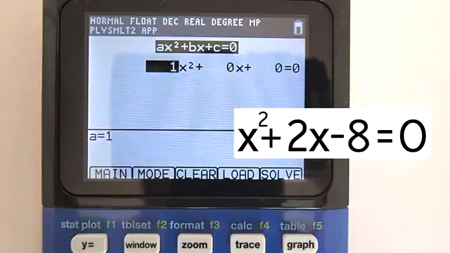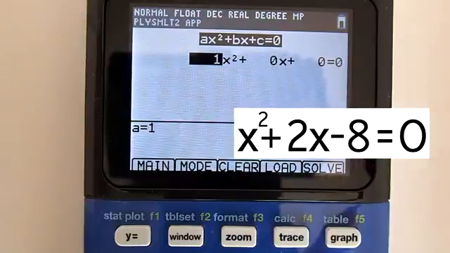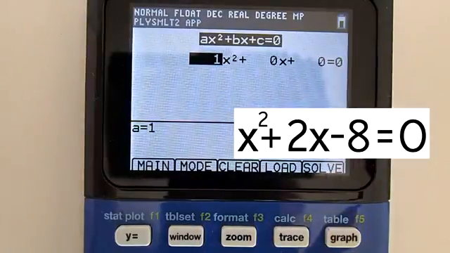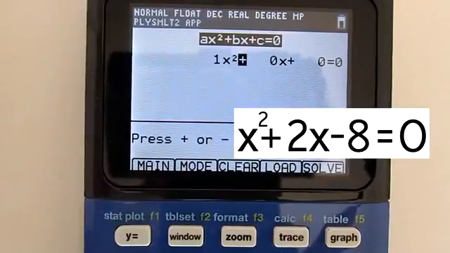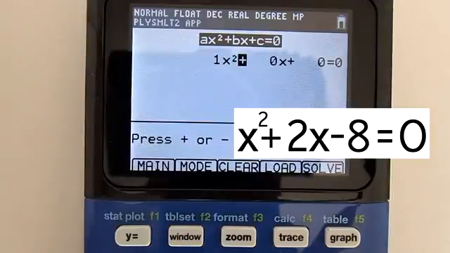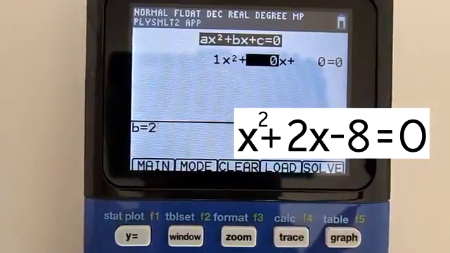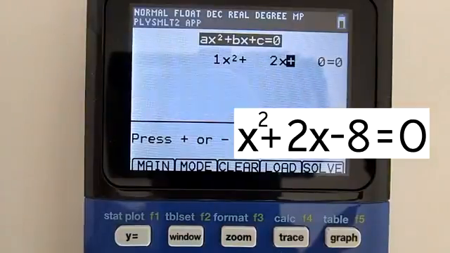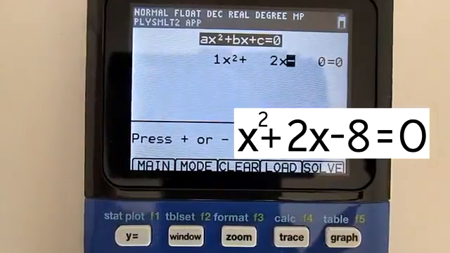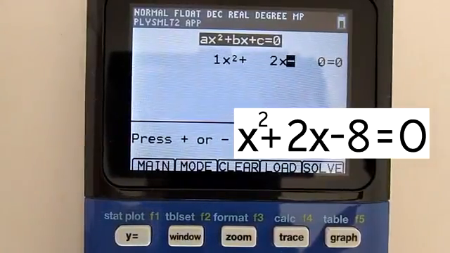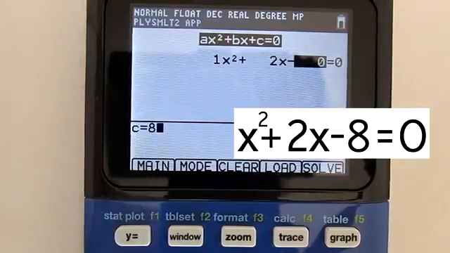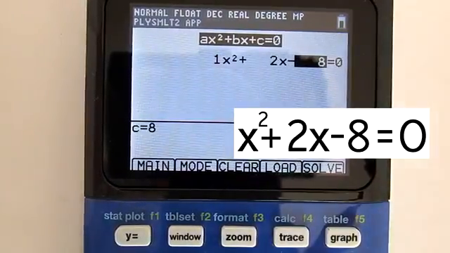Our coefficient on the x squared is 1, and we already have a 1 displayed, so just press the Enter key. Here we choose a plus or minus, and our equation is a positive 2x, so press the Enter key. Enter a 2 and press the Enter key. Here we need a minus 8, so press the minus sign and press the Enter key. Enter our 8 and press the Enter key.